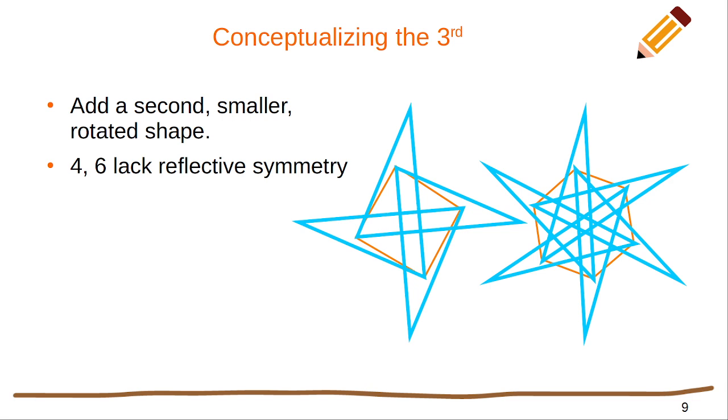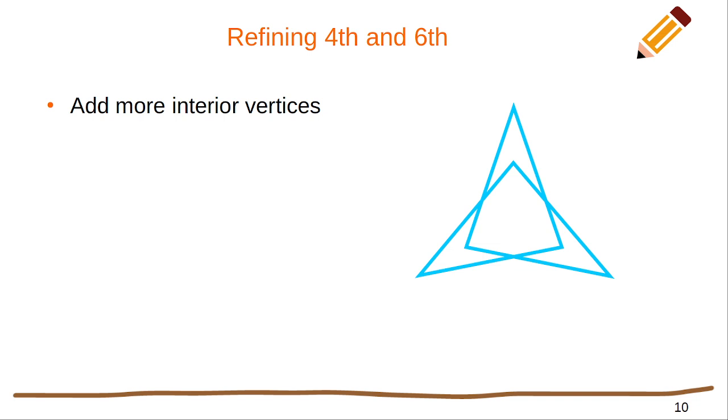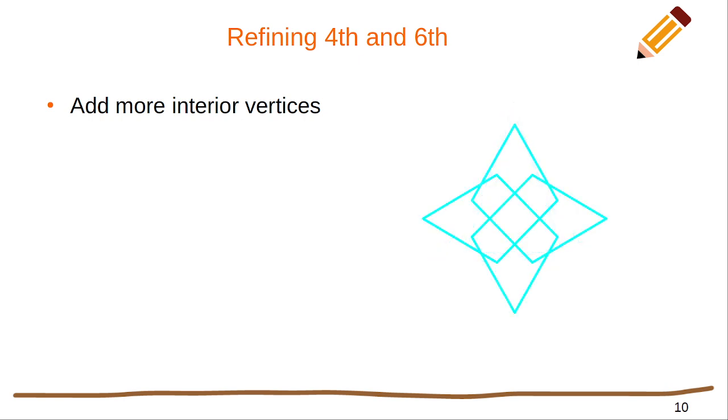But I was stumped. For an entire year afterwards, I thought this was as far as I could go. Then I wondered, instead of adding an interior polygon and connecting the outer shell and inner shell, what if I had simply added 1 interior vertex between 2 exterior vertices for the 3-pointed star? And what if I added 2 interior vertices for the 4-pointed star?